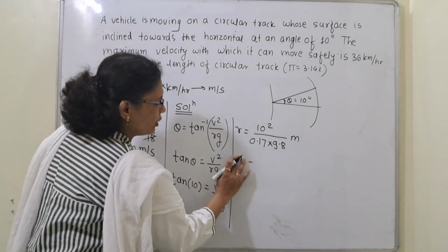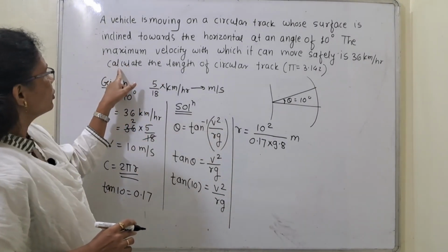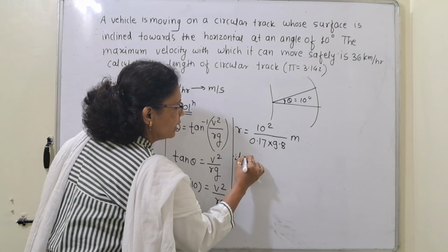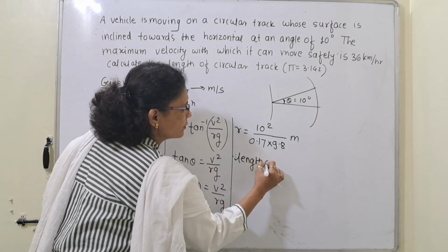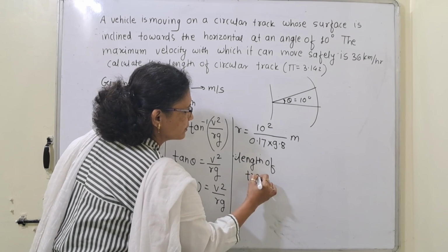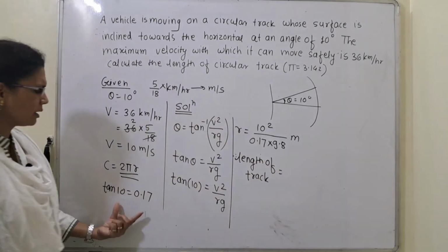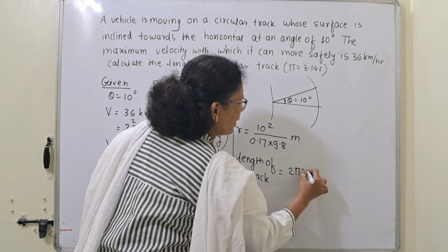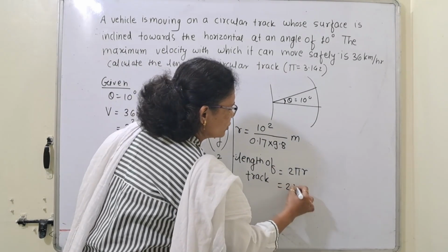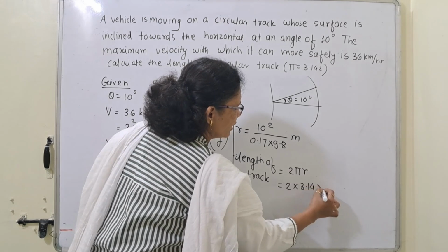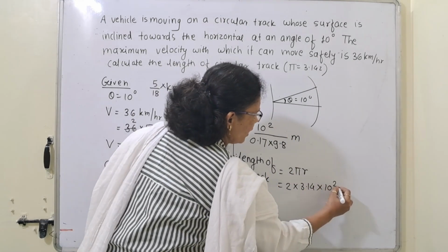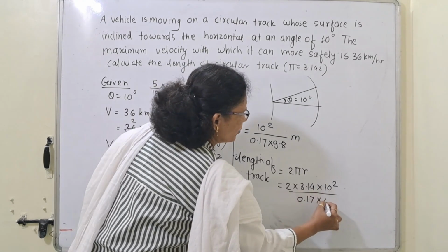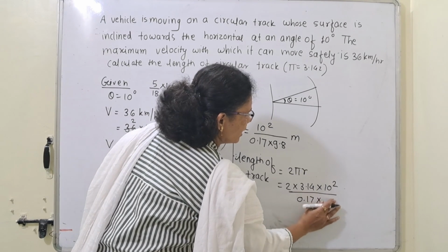Now what we have to find out? We have to calculate the length of the circular track. The length of the track is nothing but the circumference. I have told you, so we take 2 pi r. Now put the value: 2 into 3.14 into 10 square divided by 0.17 into 9.8.